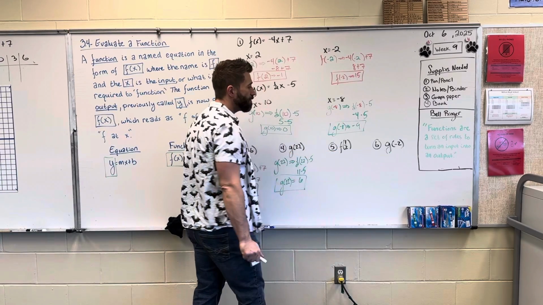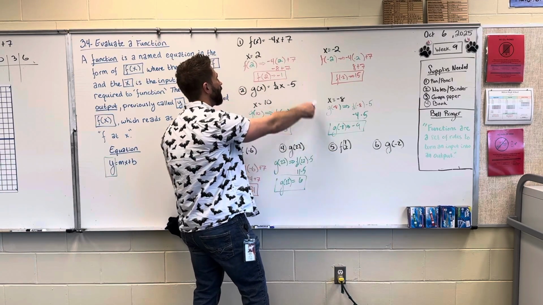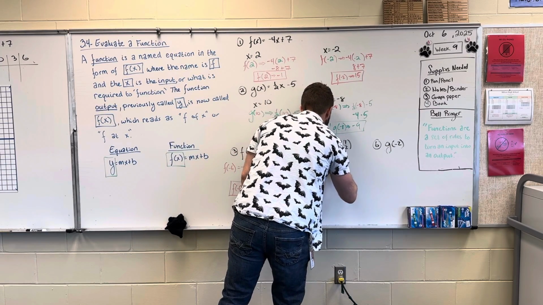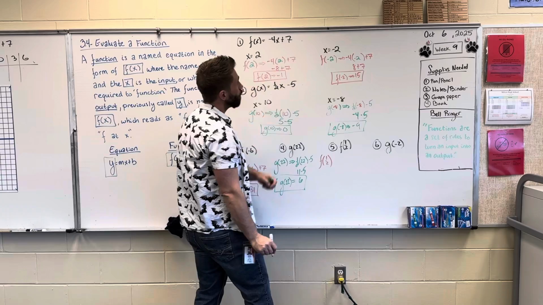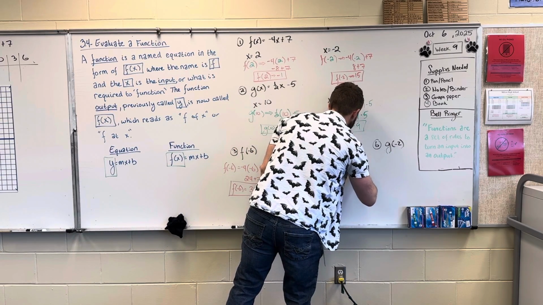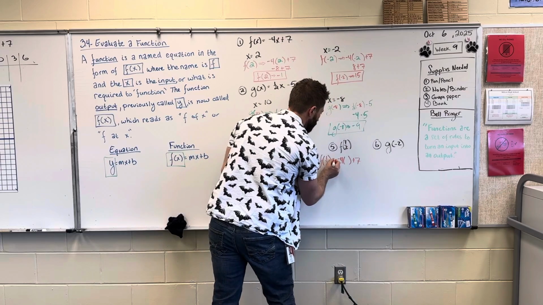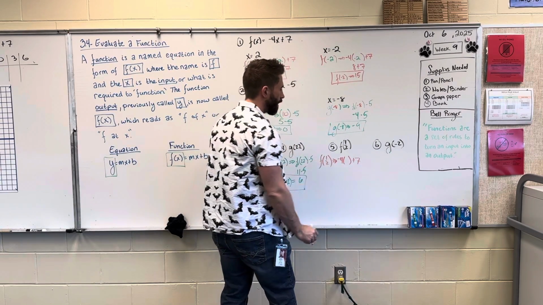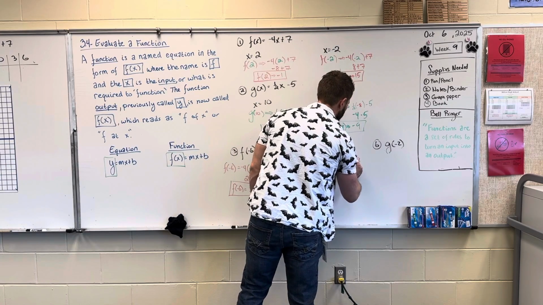When I saw f of 1/2, I go find the function f and plug in 1/2. So f of 1/2 says -4 times that number plus 7. I'll keep the arrows for right now because I kind of like them. -4 times that number, what was that number? 1/2.